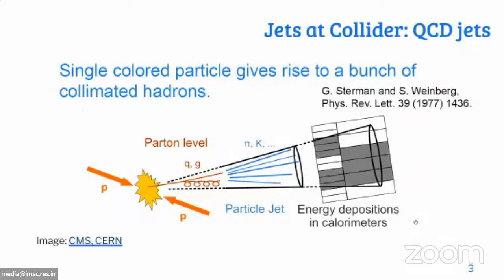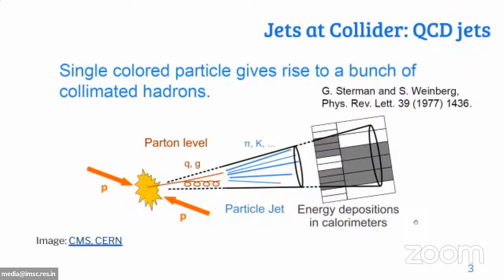Let me give you a very brief and quick introduction to jets. A jet is basically a collection of collimated hadrons. For example, if a quark or gluon, which is a colored particle, is energetic enough, it tends to shower, and after the shower they hadronize.